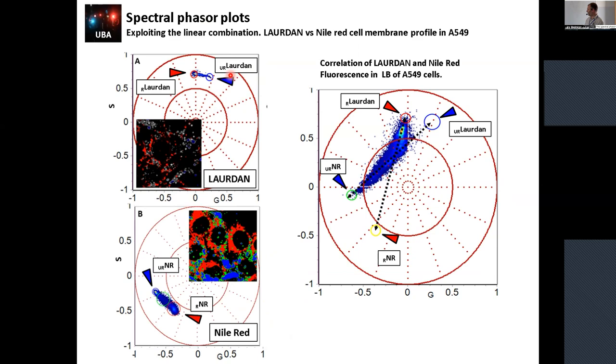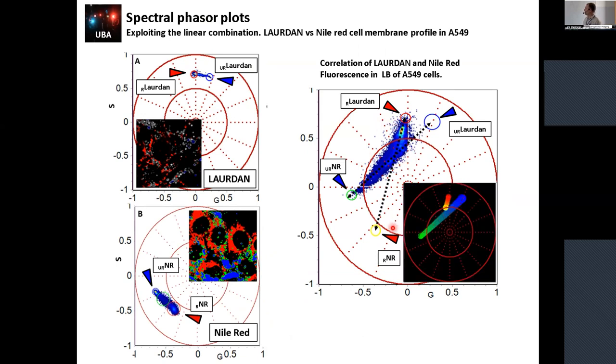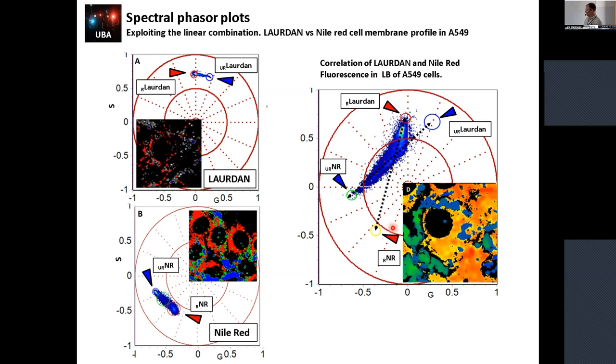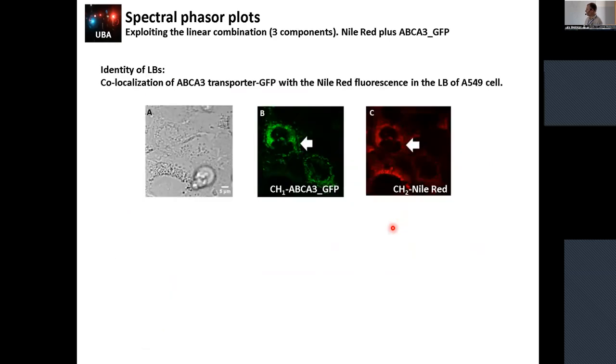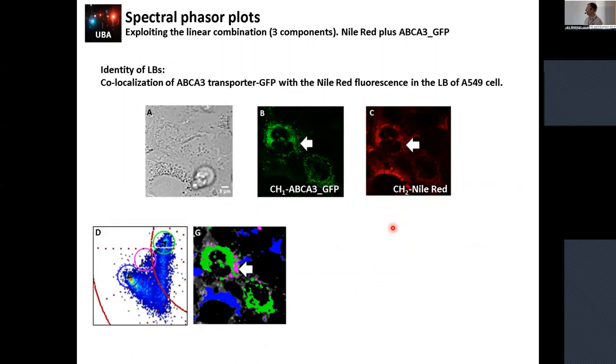Immediately, you see in the phasor that the linear combination shows up very easily here and here. We can color and identify our organelles. So now we can use Nile Red as a label for the membrane, and we can use our green fluorescent proteins as an identity.